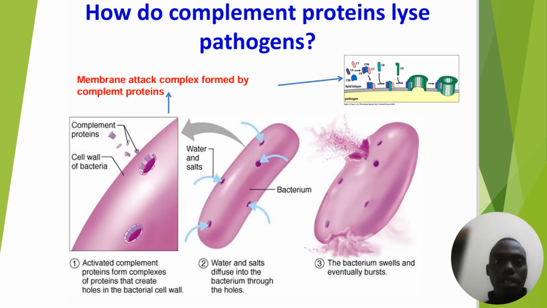Here is the mechanism by which complement proteins work within the immune system. The first step is that activated complement proteins form a complex of proteins. This complex creates holes in the bacterial cell wall.